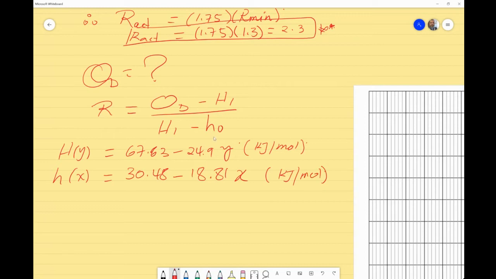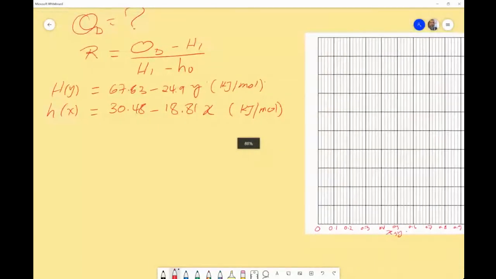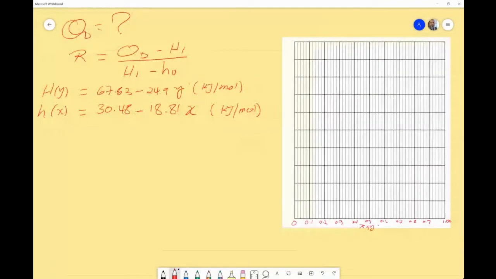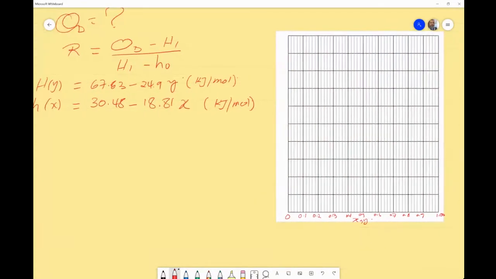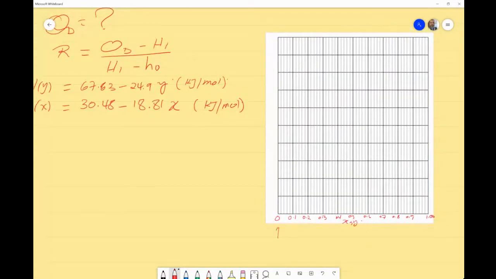Now these are straight lines. So either you have the data of the enthalpy as a function of composition in a table, as we did for the previous example, or sometimes it's given as a function. So now if I want to draw these two graphs here, I can draw this one in this range from 0 to 1.